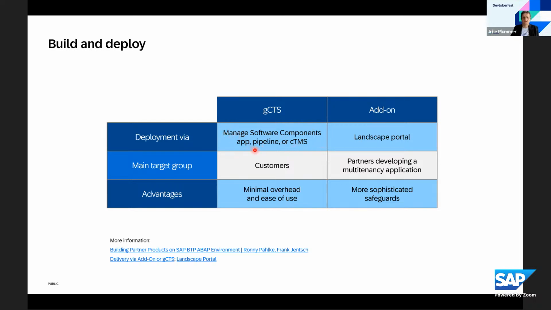There's a lot of automation here. There's a lot of SAP management here, so there's minimal overhead and maximum ease of use. Because for the majority of you as customers, you're going to develop in one system and then transport downstream to other systems inside your own landscape.